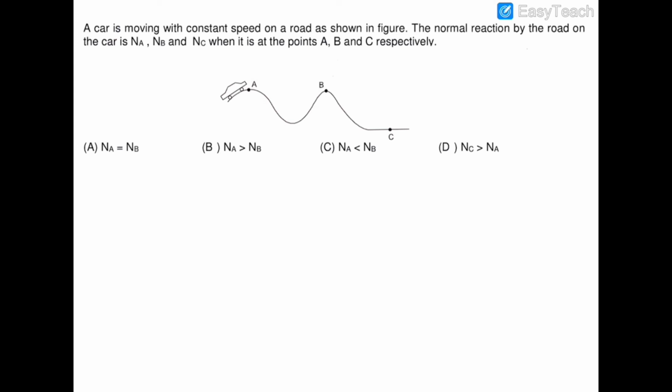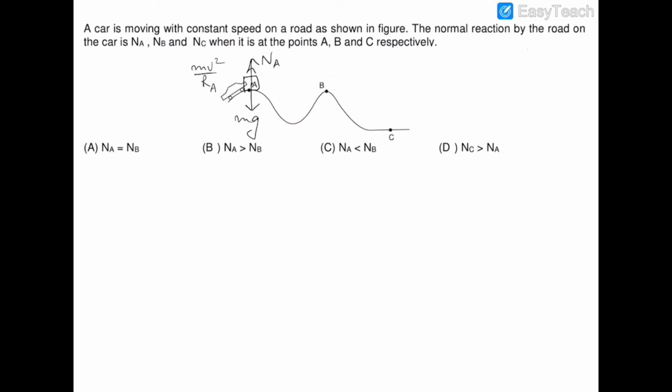So first of all, at point A. Now at this point A, if I draw the car, then the mg of the car would be acting in the downward direction. Normal reaction would be acting in the upward direction, as well as there would be a force which is mv square by r, centrifugal force, which would be acting in the direction of normal reaction.